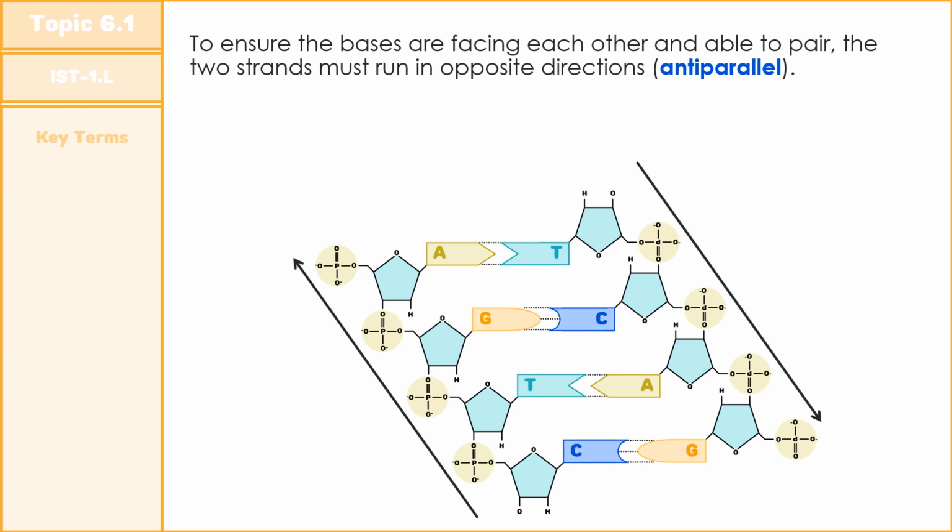And so when we look at this anti-parallel structure, and this is where our knowledge of the directionality of our carbohydrates is going to come into play, we're running from 3' to 5'. We're running from 3' to 5'. Both of these DNA strands run in the same direction but opposite from each other. They are anti-parallel.